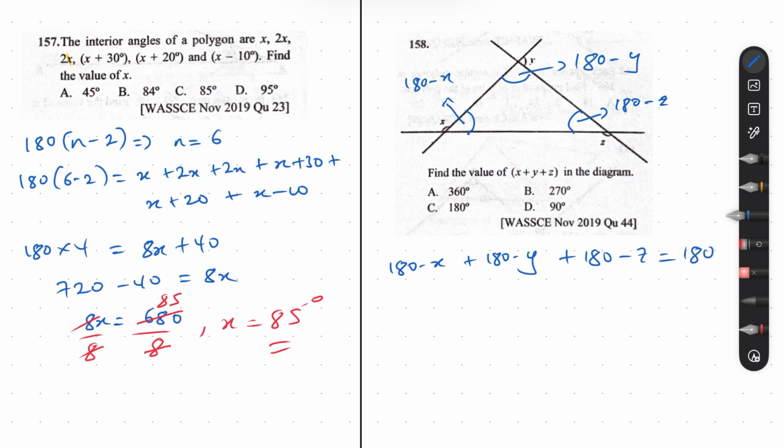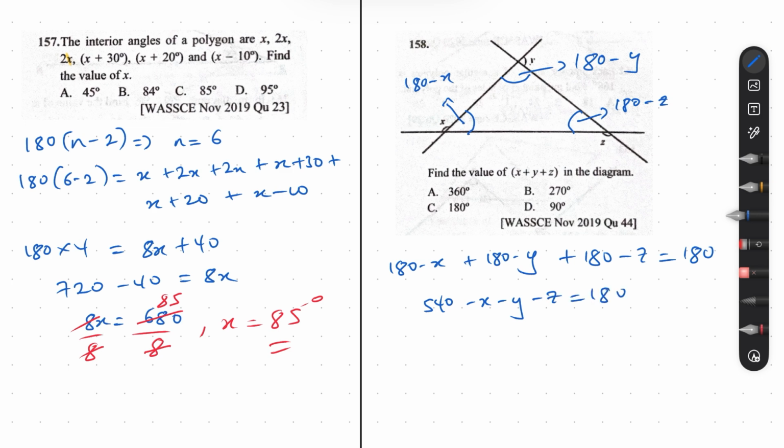So 180 here, 180 here, 180 here, we should get 540. 540 minus x minus y minus z equals 180.